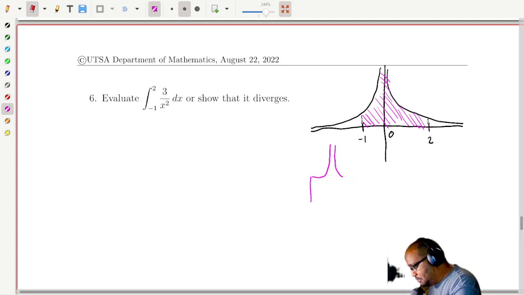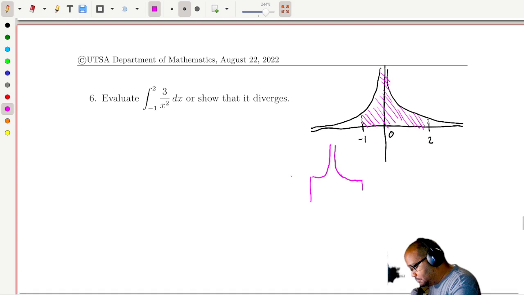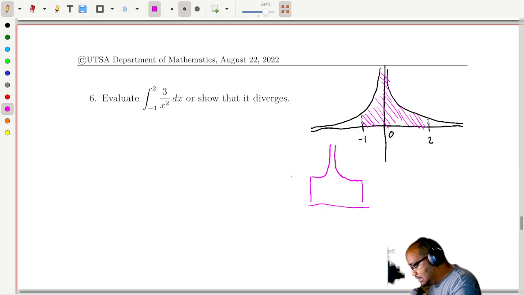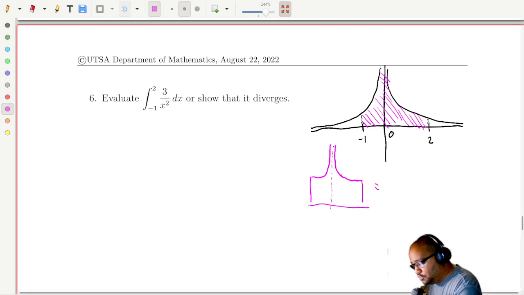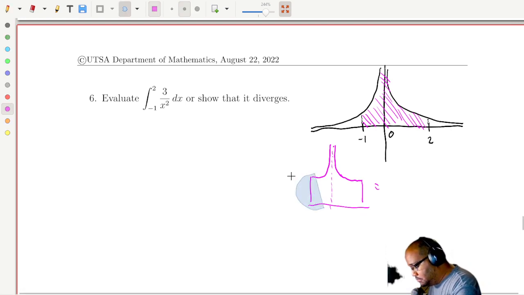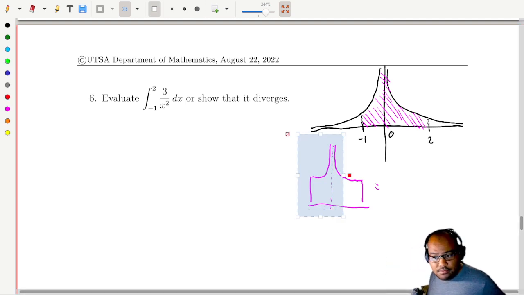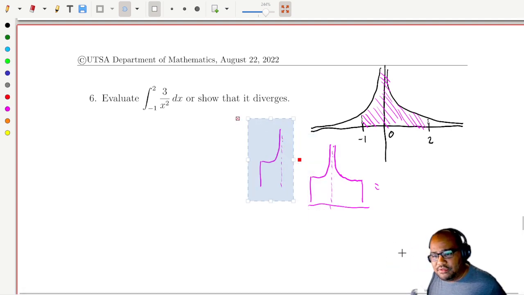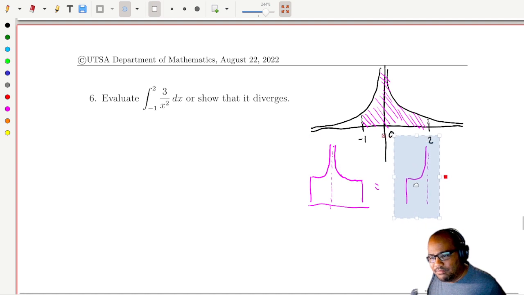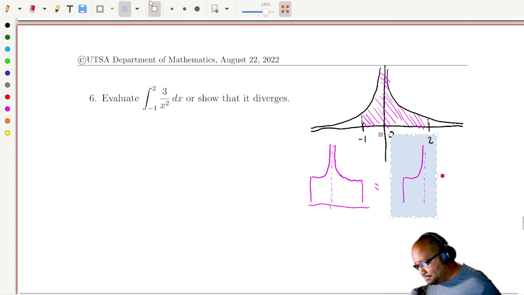So this kind of shape here, this area is going to be equal to the sum of 2 parts here. It's going to be the sum of this part, that's on the left.